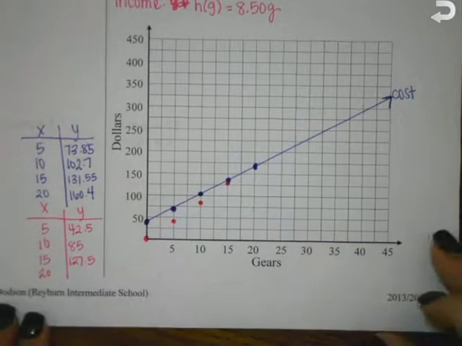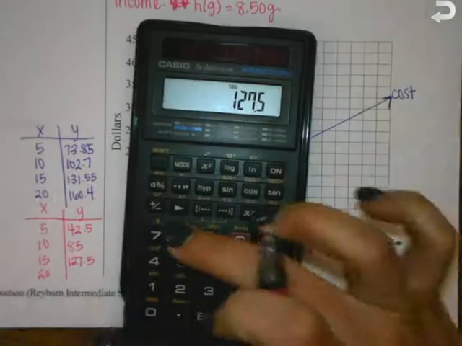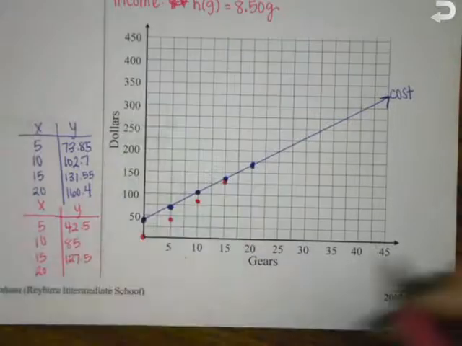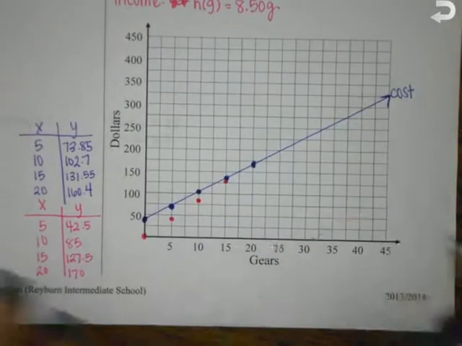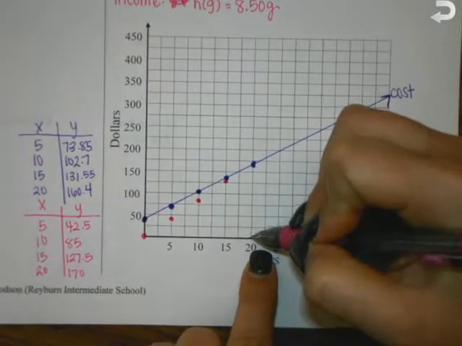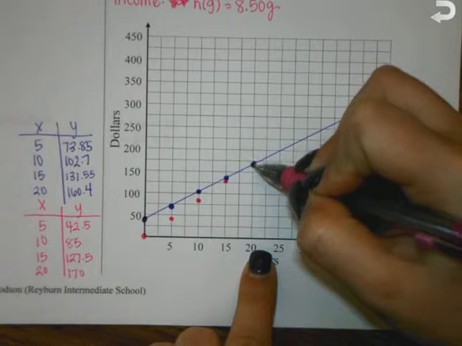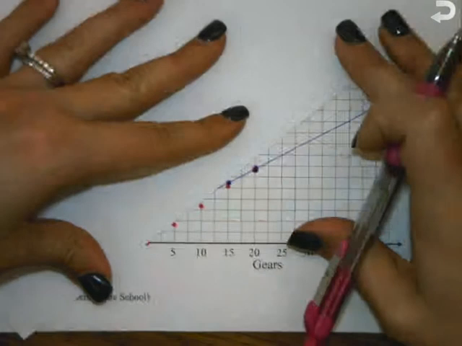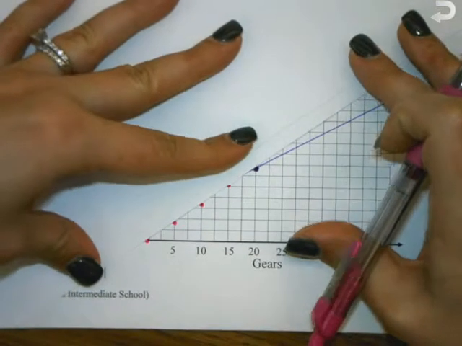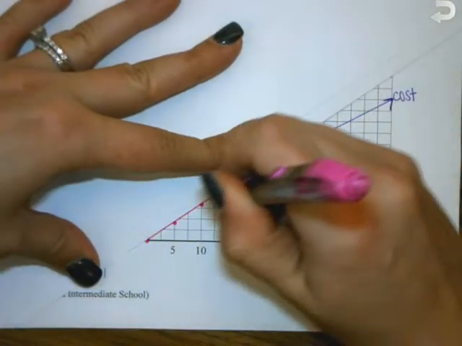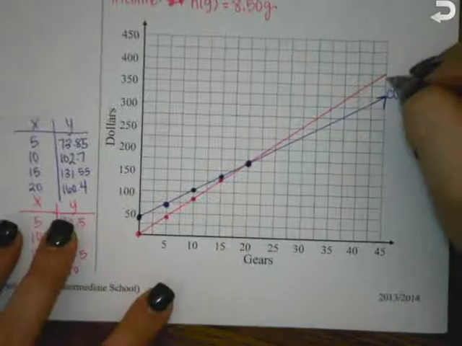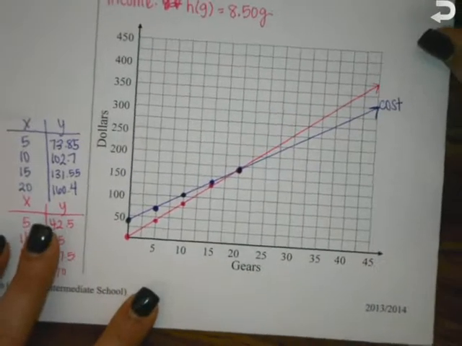When we sell 20 gears, 8.5 times 20, we make $170. So 20 gives us 170, which is right here. So let's draw that line. And label it income, please.